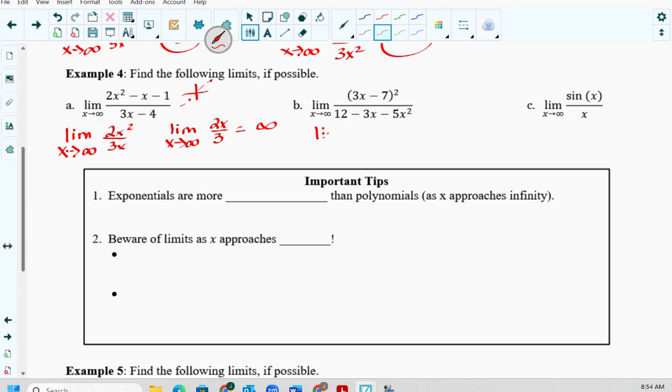So limit as x approaches infinity. What do I care about in the numerator? What is the term I'm going to care about? 9x squared, yeah. And in the denominator, negative 5x squared. So what do I get? Negative 9/5, yes.